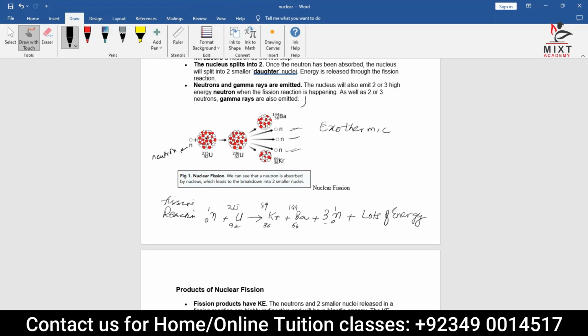As soon as this neutron hits the uranium, first of all, the uranium becomes unstable and converts into uranium 92 236. Then, due to different forces, it blasts or converts into its daughter nuclei. One is called barium, and another is called krypton.